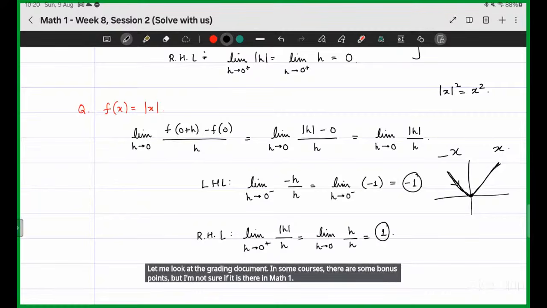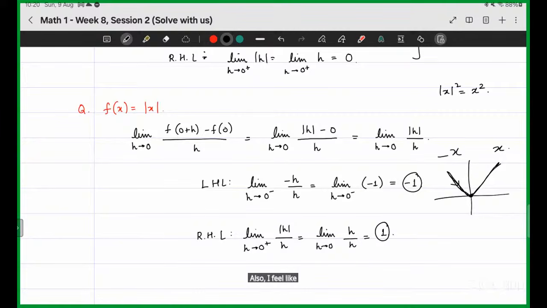Also, I feel like the syllabus for Maths 1 or any subjects, what is the time period? What I was saying is, for the week quiz 2, usually the syllabus used to be from week 5 to week 8.